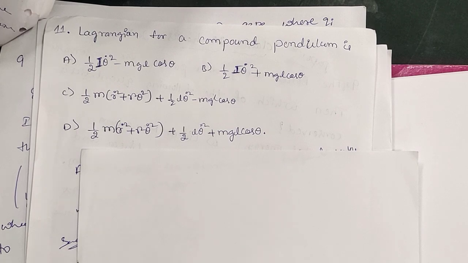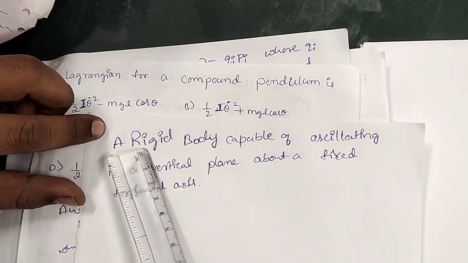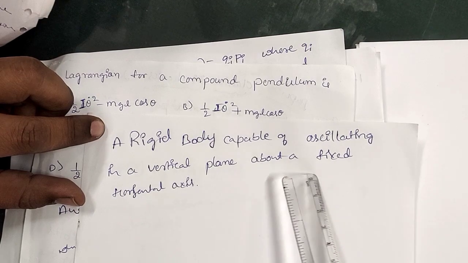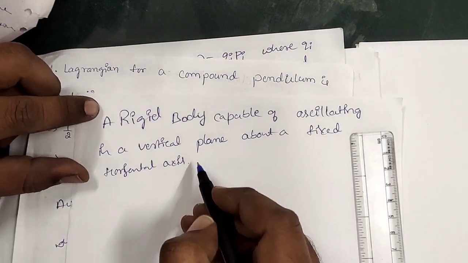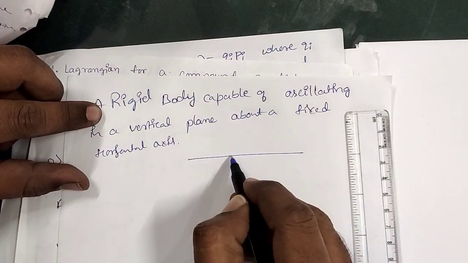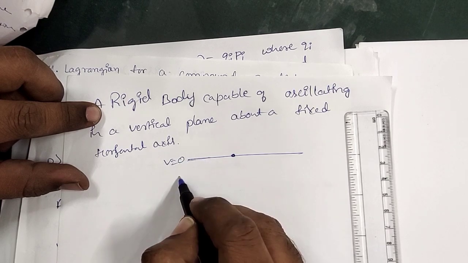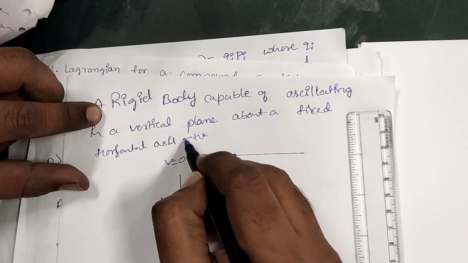So what is a compound pendulum? A rigid body capable of oscillating in a vertical plane about a fixed horizontal axis is called a compound pendulum. Let us consider this is a reference axis where the potential is 0, below it the potential is negative and above it the potential is positive.